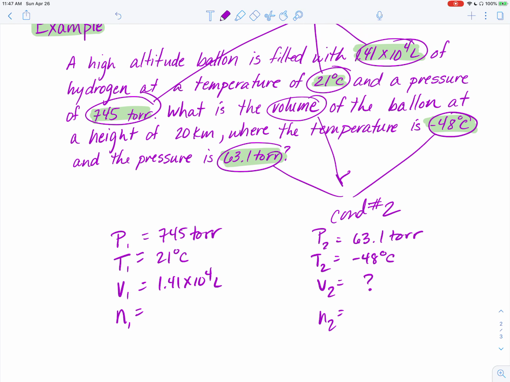If you have hydrogen gas inside a balloon, and we're not taking into account any leakage, then the amount of gas in the balloon at 745 torr compared to 20 kilometers above, at that pressure, is still the same. So it doesn't matter what that value happens to be. You don't actually need this variable because it's going to be the same either way.